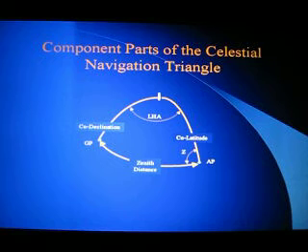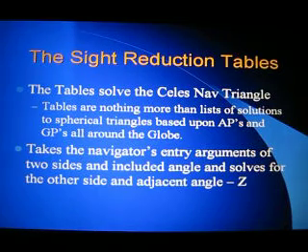Now these can be solved with spherical trigonometry. And that's what the site reduction tables do. The tables solve these triangles wherever they may be, anywhere on the face of the earth. The tables are nothing more than lists of solutions of spherical triangles from positions all around the globe.